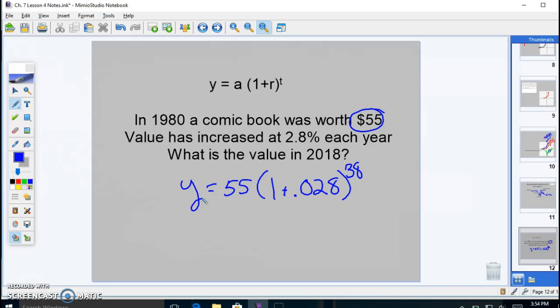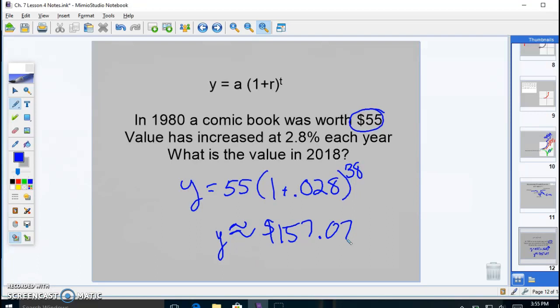Once you have that answer, multiply it by the initial value of the comic book, which was 55, and you will get an answer of y is about equal to $157.07. So over 38 years in time, this comic book almost tripled in its value.